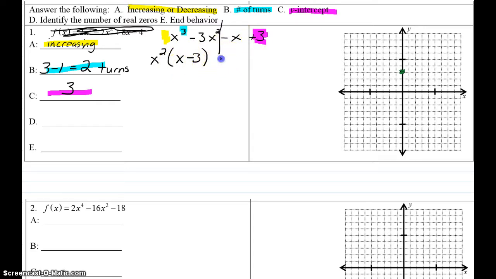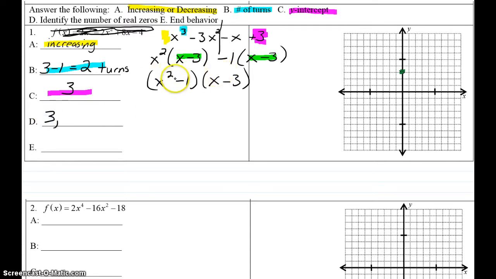So we can take out a negative 1, and that'll change both of our signs, so we get x minus 3. And now, remember the important part when you group is that this and this are identical, and that's what we have, so we can continue. And so now we get x squared minus 1 and x minus 3. And so we know one of our zeros is going to be 3.